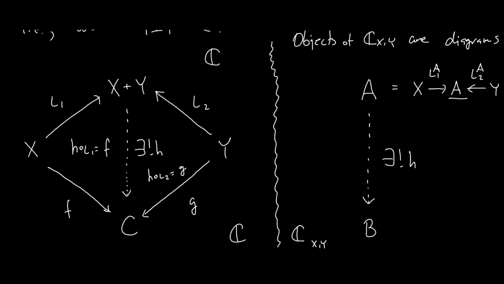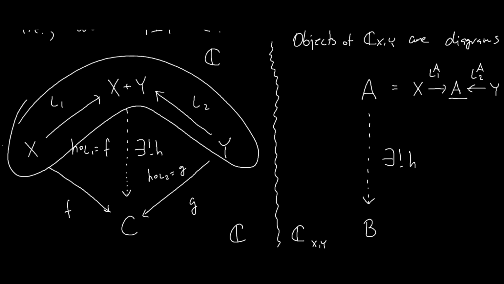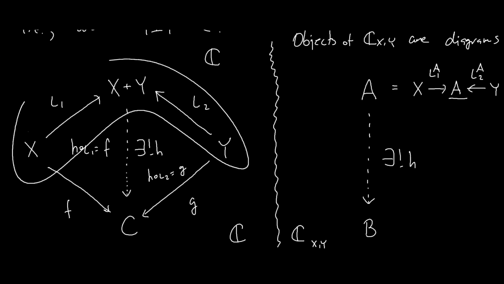So we can define objects of this category to be diagrams of this kind, so that at least there is a kind of match of the form, right? If we say that this is so, then we can maybe imagine that indeed it is possible that A will be equal to this, because this will be one of the objects in the category.